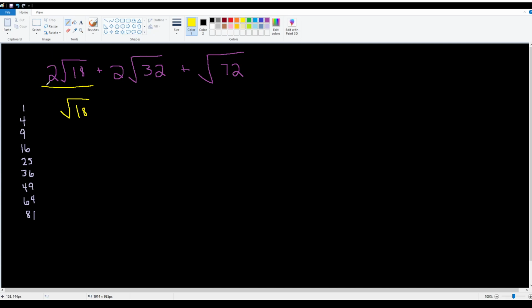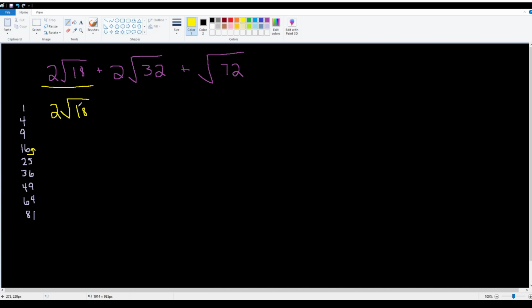So for 18, and I am going to bring this 2 down here as well, just so that we don't forget it. But for the radical 18, I'm going to start here at 16, and I'm going to look at every number lower than it, and I'm going to divide each of these by 18, and see which one of them is a factor, or the highest perfect square factor of 18.